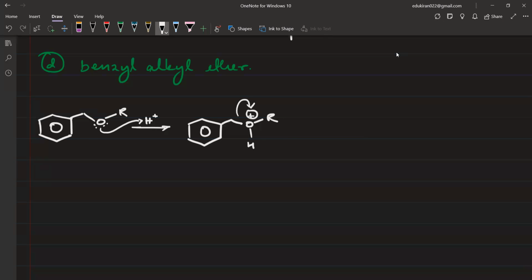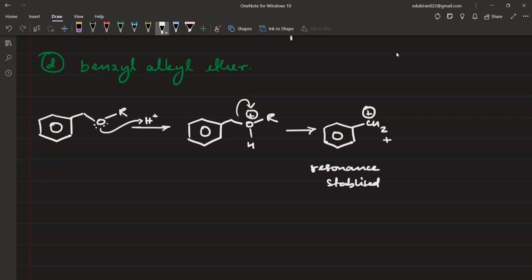This positive charge will break like this, and you will get CH2 positive. This CH2 positive is resonance stabilized. And plus, we are getting ROH from here, alcohol. Then further, this will be attacked by iodine negative, and we will get benzyl iodide.